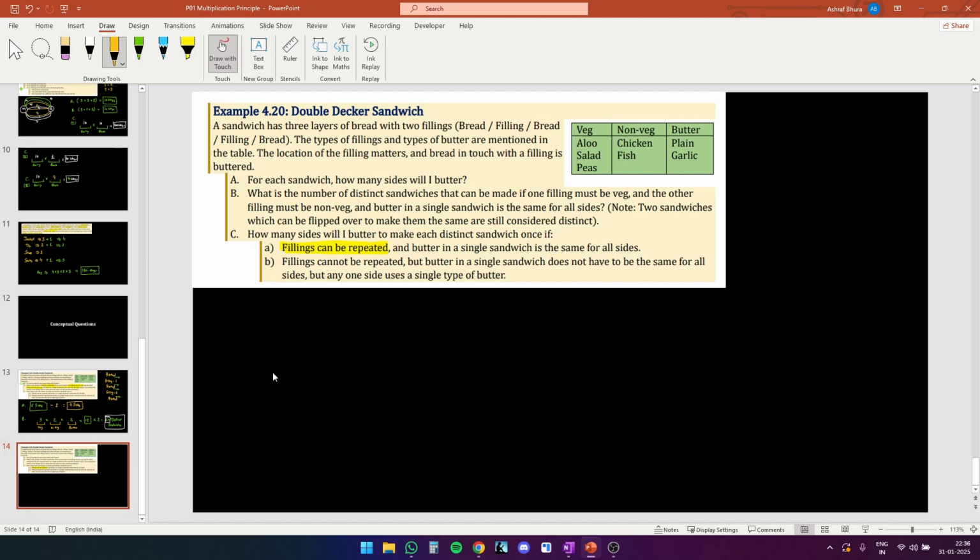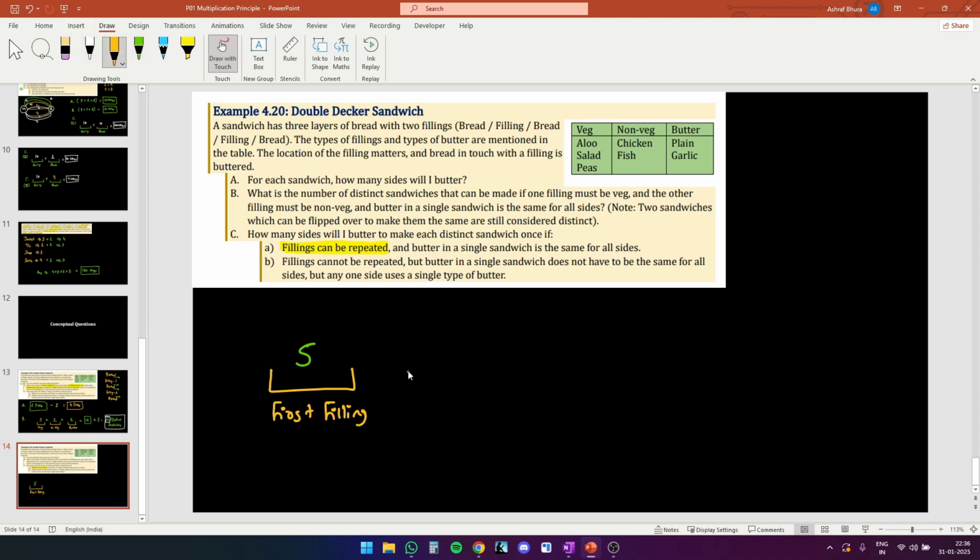So now if I want to fill up my sandwich for the first filling, how many choices do I have? Now it's irrespective of veg or non-veg. So can I say I have total 5 choices for first filling? So either it can be aloo, salad, peas, chicken, fish, 5 choices.